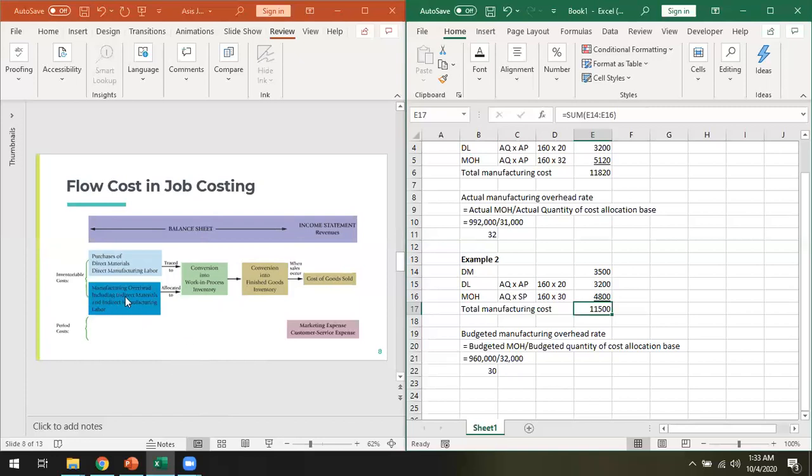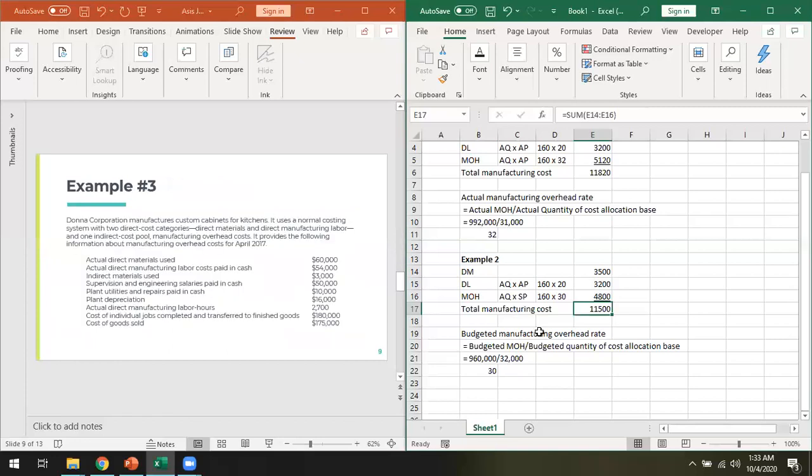As for manufacturing overhead, we allocate those costs into work in process inventory. After we get the work in process inventory, we then convert them into finished good inventory. And when sales occur, we expense the finished good inventory as cost of goods sold. Okay, so let's just try example number 3.